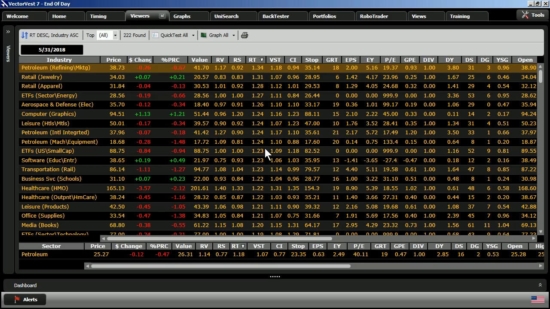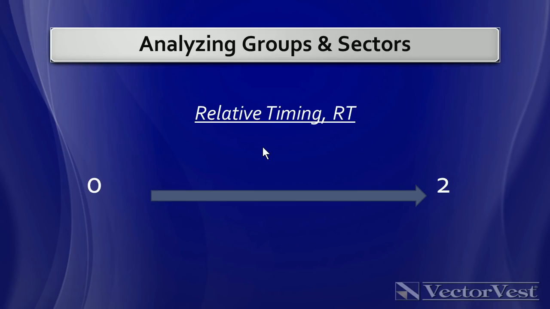So it can be helpful to understand which industries and sectors are moving up and which ones are pulling back. So graphically, if RT is on the continuum of 0 to 2, those high flyers are at the upper range of that 0 to 2 scale.